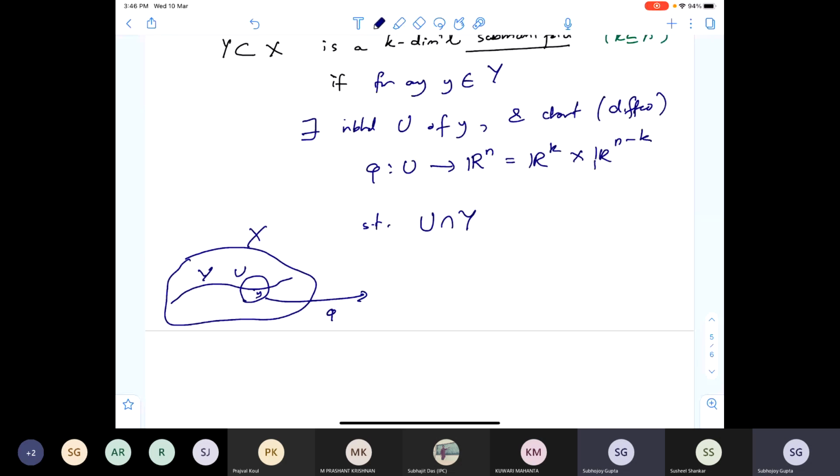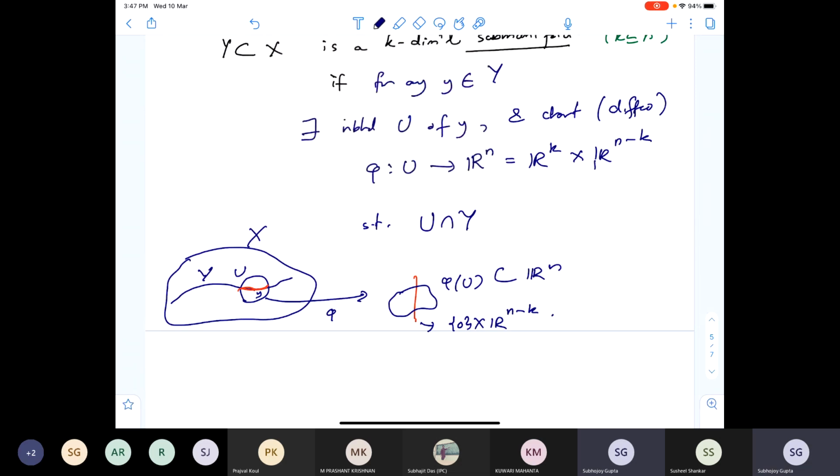So phi is going to map U to something in Rn, but the red portion goes to a slice, something living in 0 cross Rn minus k.